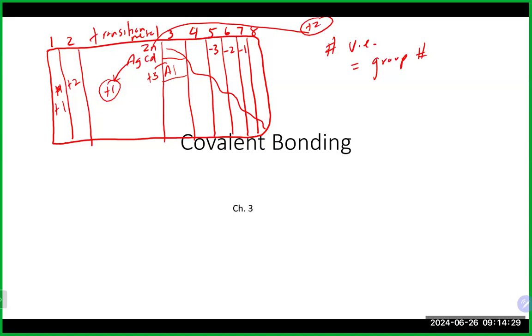And by the way, nonmetals above the staircase have the negative charge, because below the staircase there are still metals, which should be positively charged. Although they're not technically transition metals, these will behave very much like transition metals and have variable charges. So things like lead, tin, and antimony will have variable charges as well.